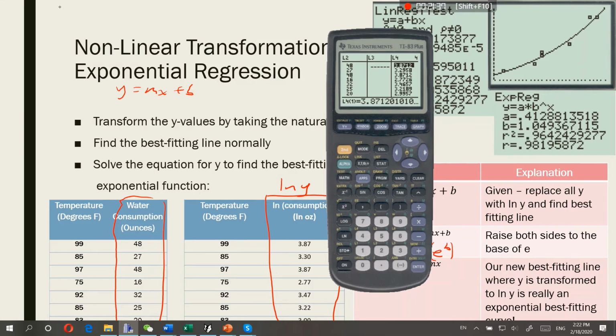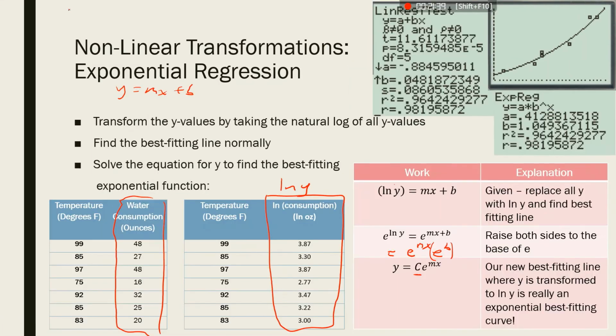Okay, I'm going to write that down really quick. So list 1 right now is x, list 2 right now is y, list 3 we haven't done anything with yet, and list 4 is my natural log of y.